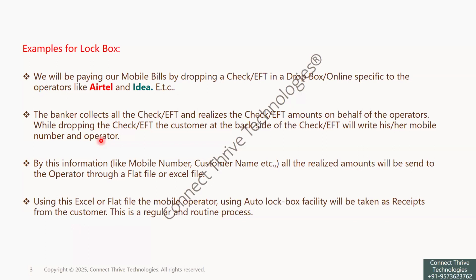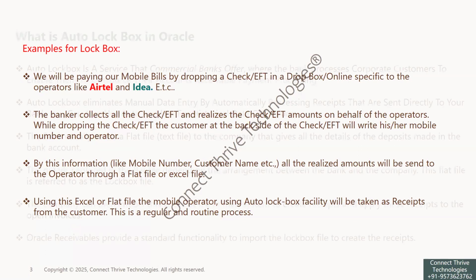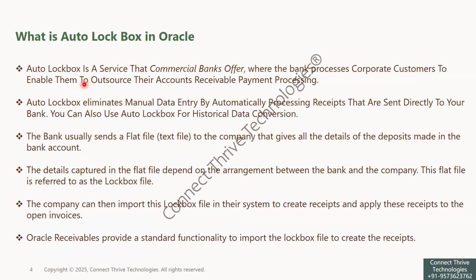So from the Oracle standpoint, what we should know is what exactly Lockbox means. Here we will see one more definition. Okay, so Autolockbox is a service that commercial banks offer, where the bank processes the corporate customers' accounts receivable payments.